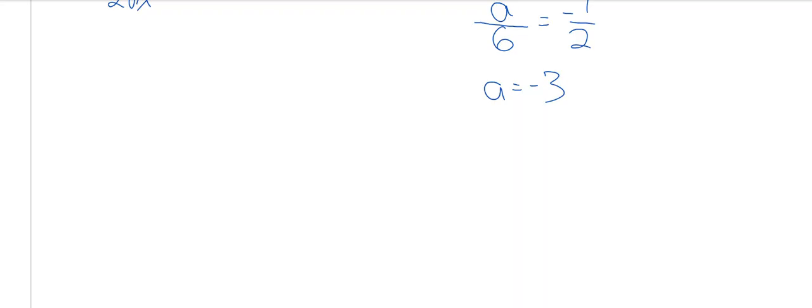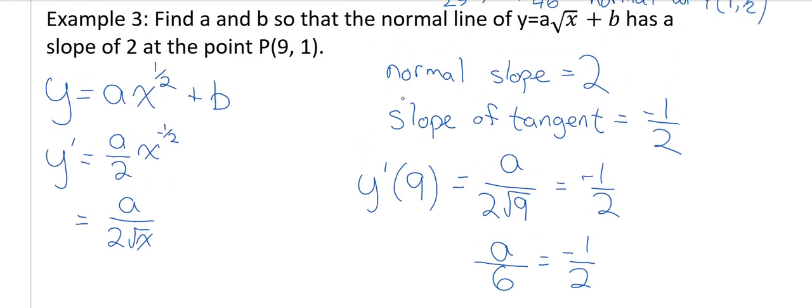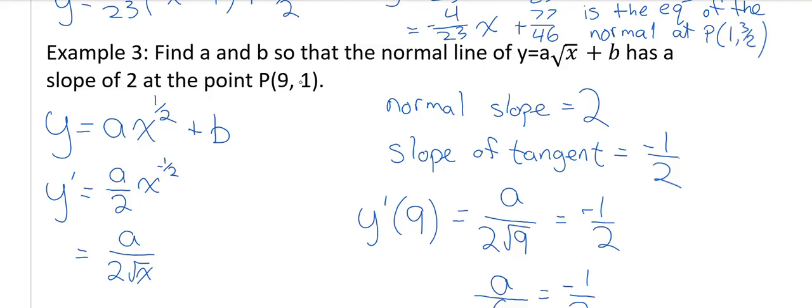All right, so we have our a, we need our b, and we have to remember that we know that the point P, 9, 1, lies on the original equation. So a tangent point or a normal goes through that point.